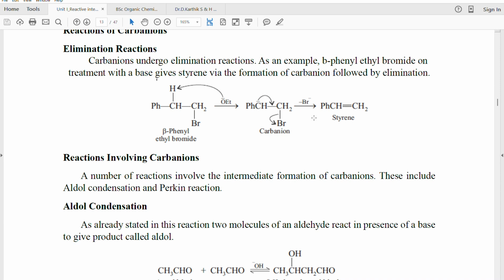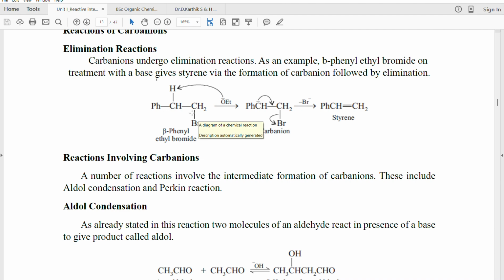So that is why it is called an elimination reaction. By removing two groups or two atoms, you are making a product. That is called an elimination reaction, okay. Mostly the elimination reaction gives unsaturated compounds, that is double bonds or triple bonds, okay.